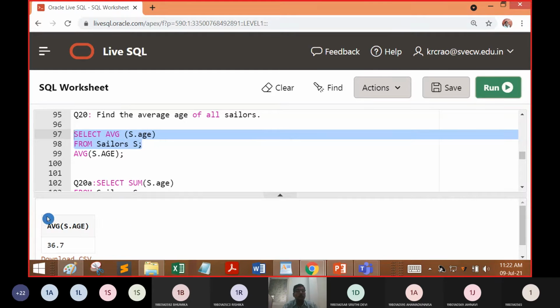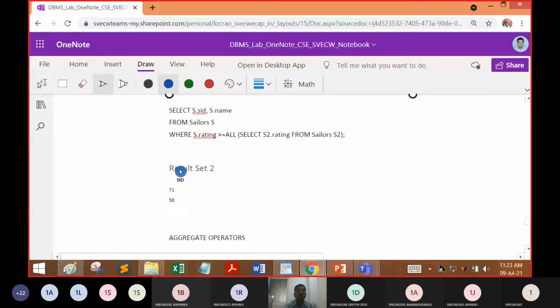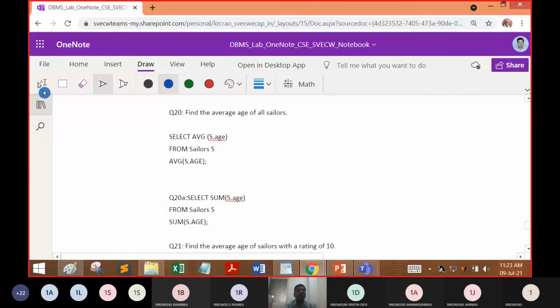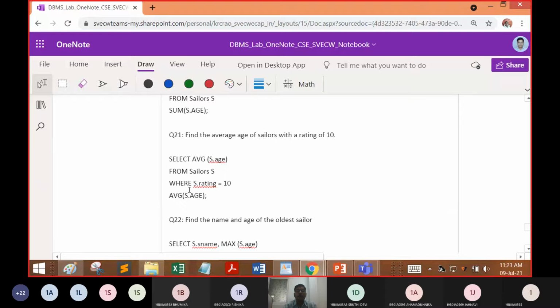Now we got this as an average age, which we are putting as some 36.7 in our work area. So in order to generate the average age, what will be the average age?